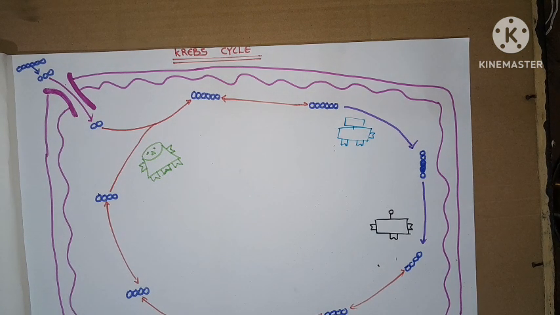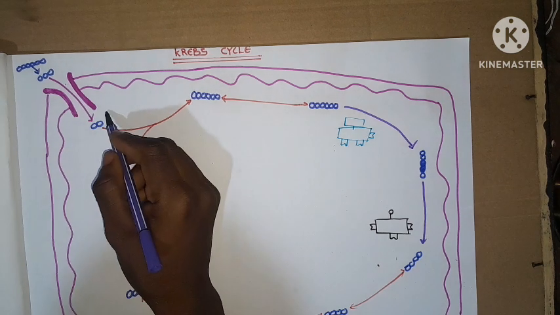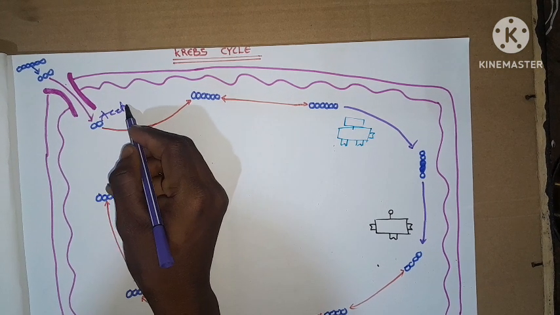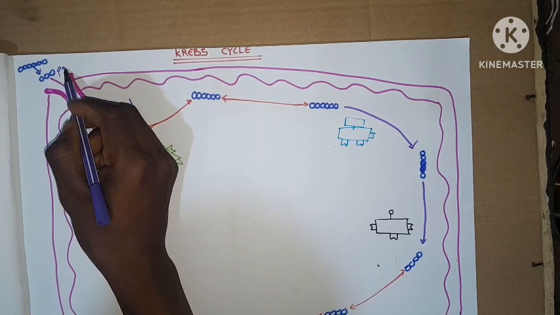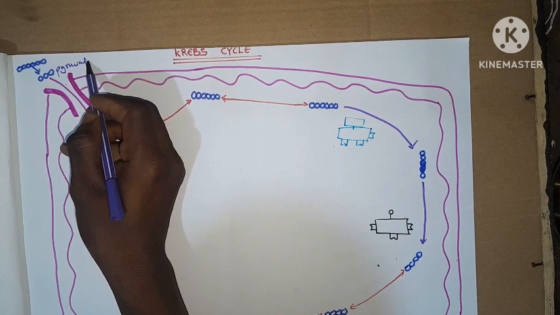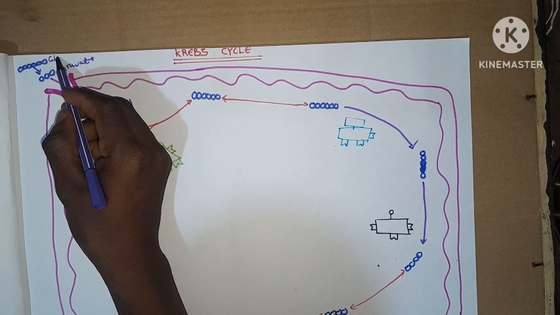So let me name them. This is acetyl-CoA. This is pyruvate. And this is glucose.